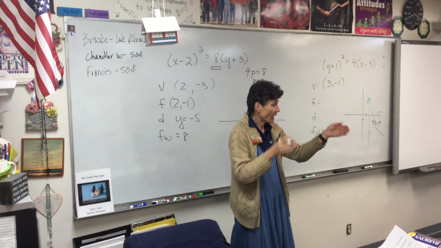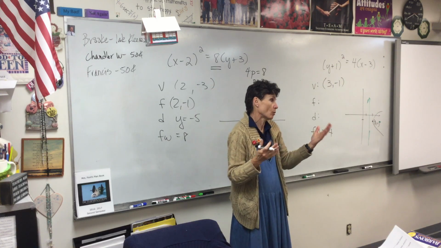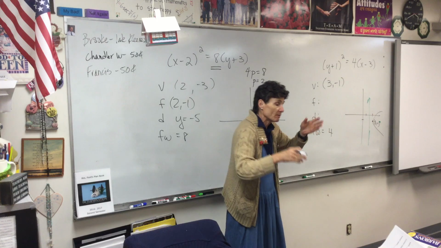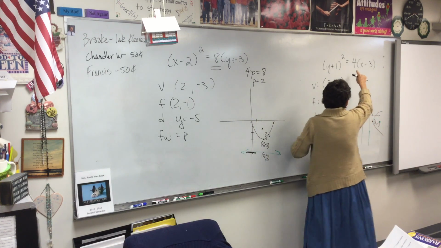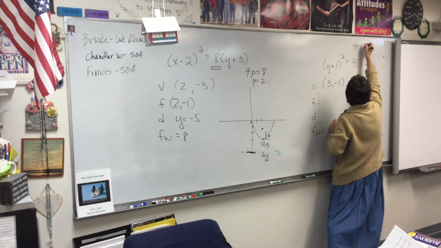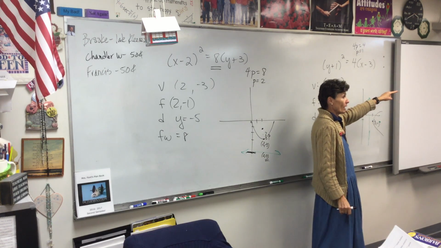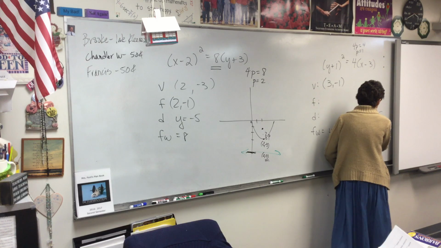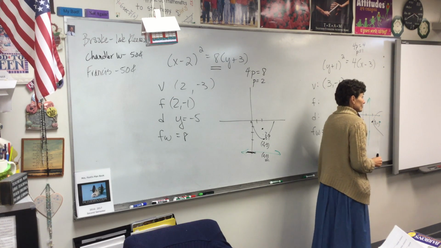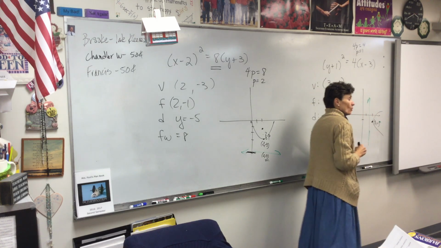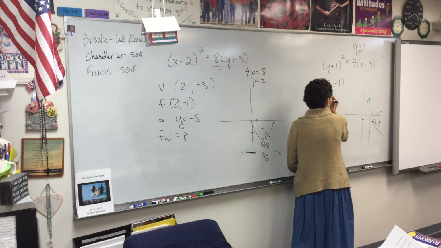Now, in order to figure out what those things are, I need to know what P is. I need to know how many steps I take, right? How do I figure out what P is? 4P is 4. So P is 1. I'm going to go 1 step to the right. So if I start at my vertex and go 1 step to the right, where will I be? 4, -1.